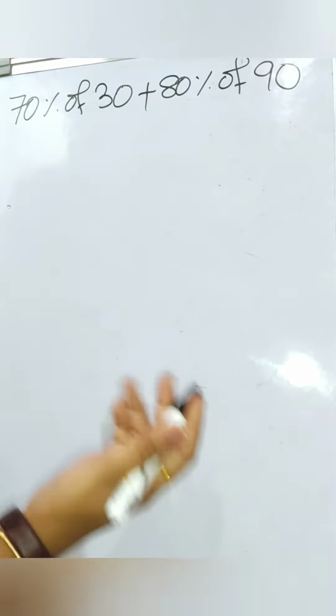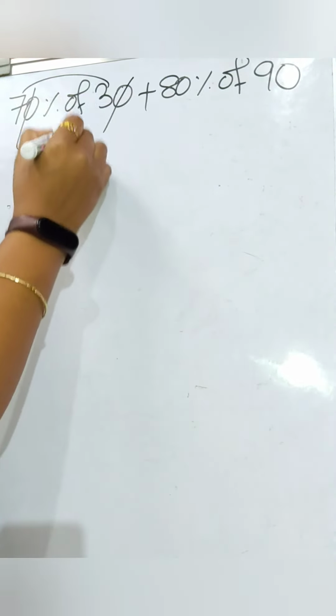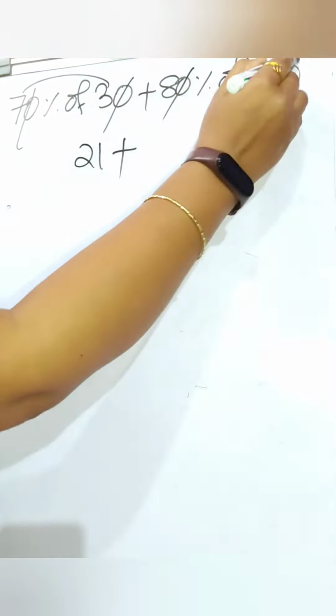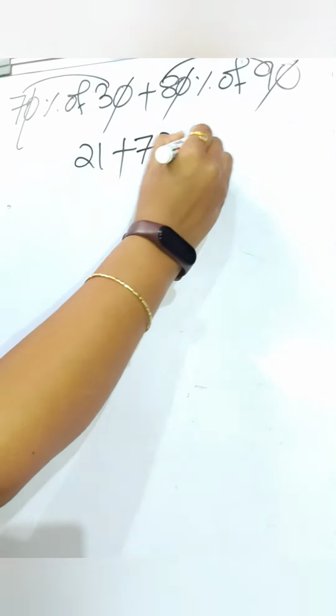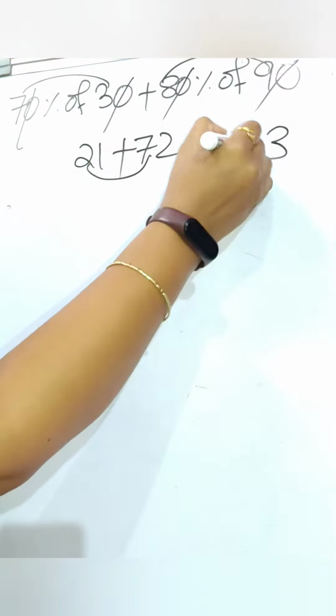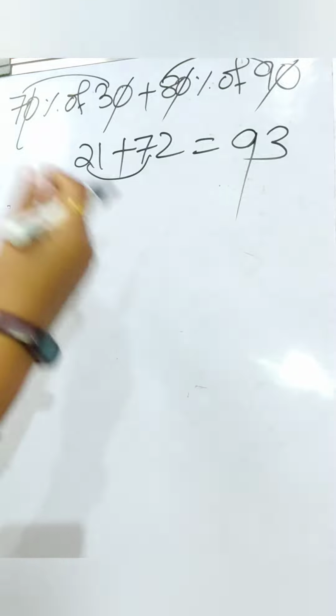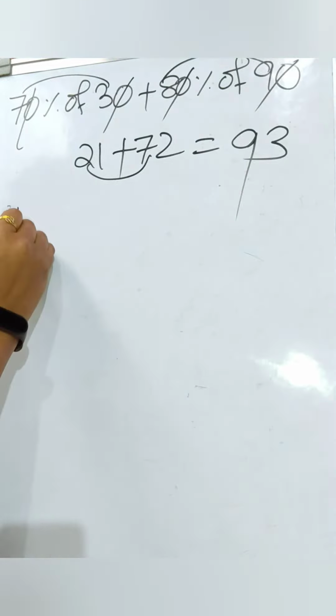Okay, your time is over now, so let's solve this. 0 0 cancel out, 7 3s are 21, 0 0 cancel out, 8 9s are 72. If you add them, you get 93. See in how little time we can solve this.